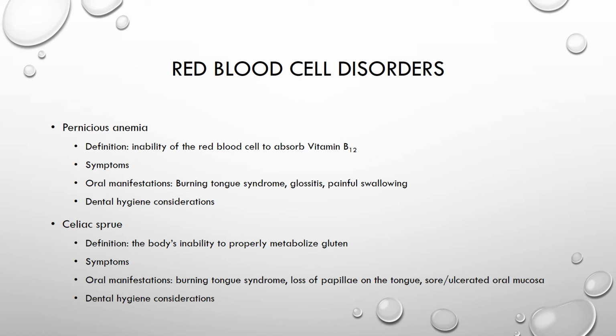Dietary counseling is very important, but you may also see burning tongue syndrome, loss of papilla on the tongue, and ulcerated oral mucosa. Do not use mouthwashes with alcohol or prophy paste unless they specifically say they contain no gluten.